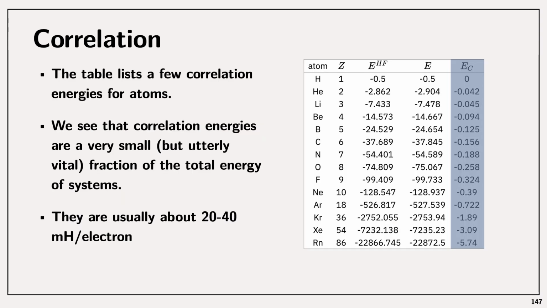So let me show you some data that we have for a number of elements where we have many electrons. Of course, the correlation for hydrogen is zero because, well, guess what? There's only one electron, so there's no way to interact with another electron.